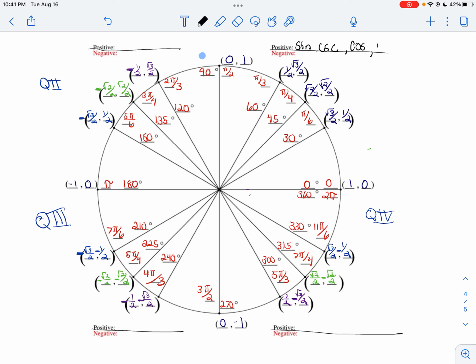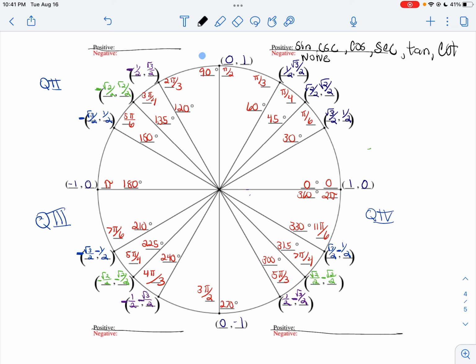And its reciprocal, which is secant, must also be positive. And then tangent is sine divided by cosine. So if I take a positive divided by positive, that gives me a positive. So tangent is positive and its reciprocal cotangent is positive. So in quadrant 1, all of the trig functions are positive. And there's no negative trig value. So you should get no negative results.